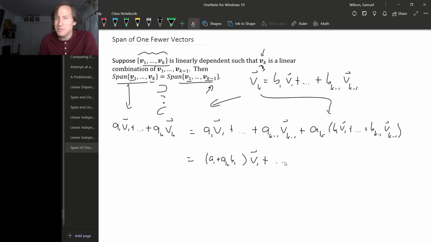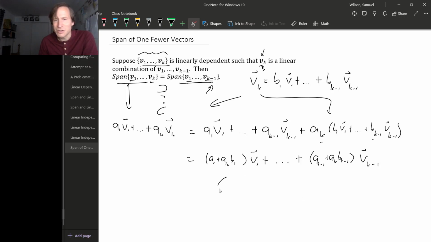And there's something similar for all of the other v's, all the way up to v sub k minus 1. And let's see, the first coefficient is a sub k minus 1, and then there's a term with a sub k times b sub k minus 1.